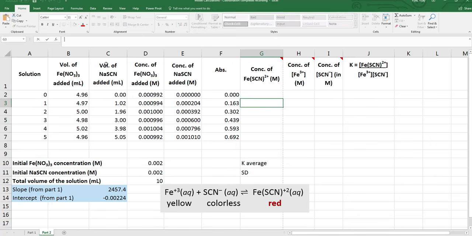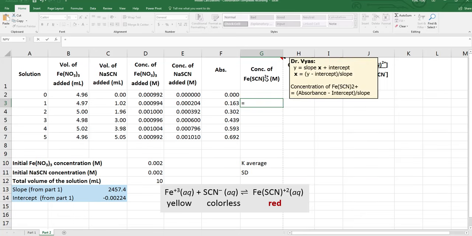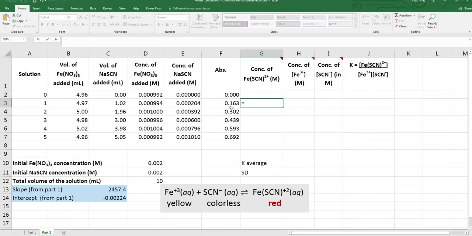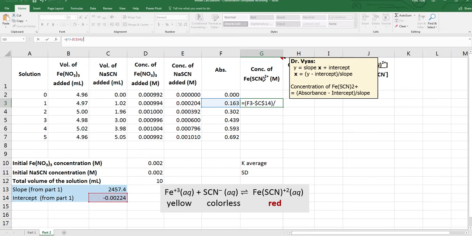So equal to, and what we need is absorbance minus intercept. So absorbance minus intercept is that one, and we have to keep F4 or $ sign, and actually we need to put this in parentheses too together, then divided by slope.